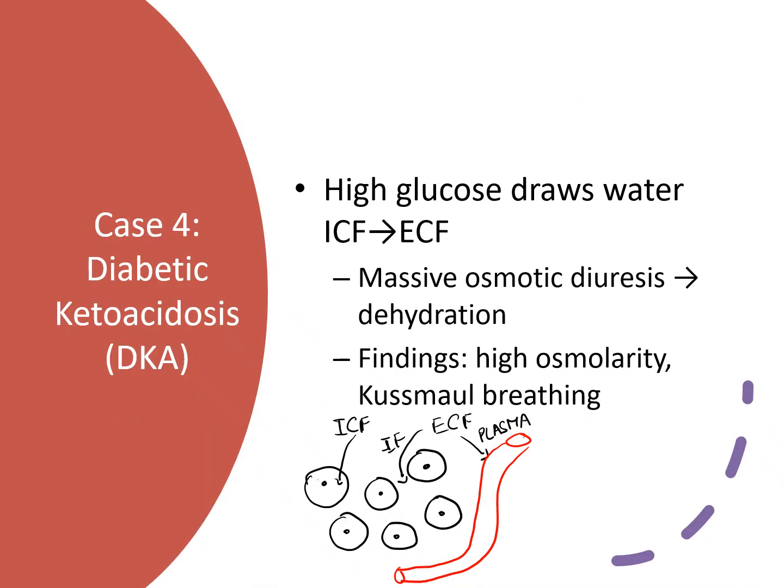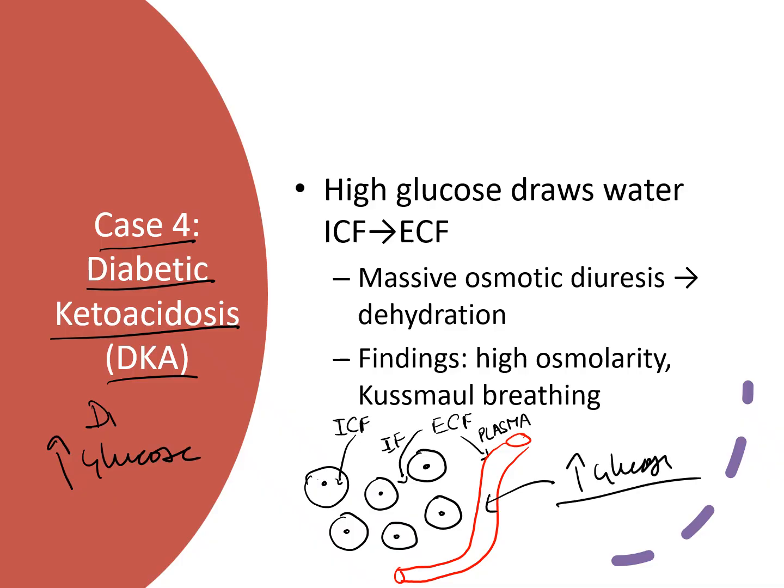Our next case is diabetic ketoacidosis. So if someone is diabetic, or if someone has diabetes, their glucose in the blood will go high. So let's say your plasma or the extracellular fluid has high glucose.